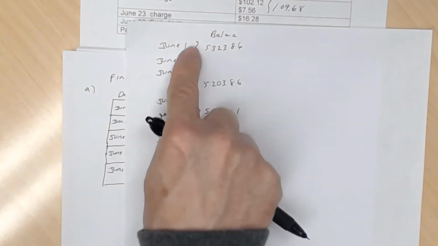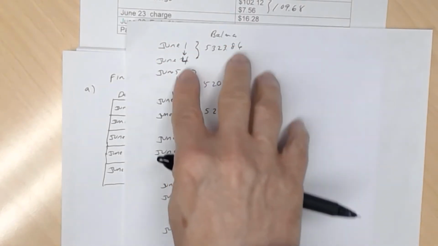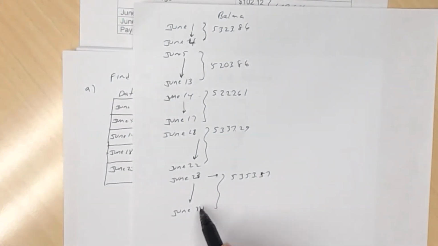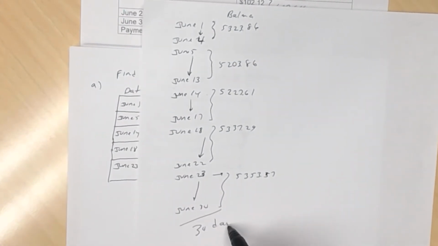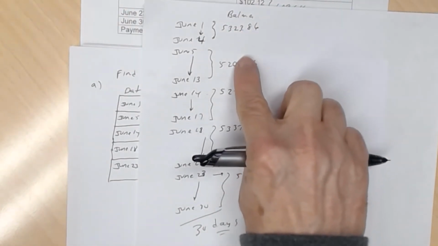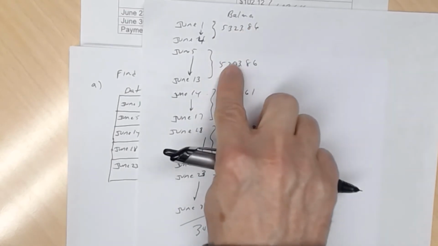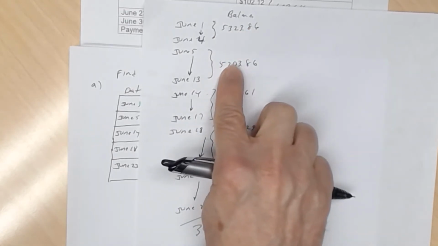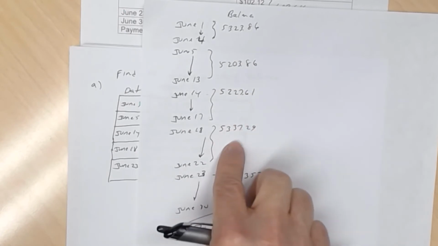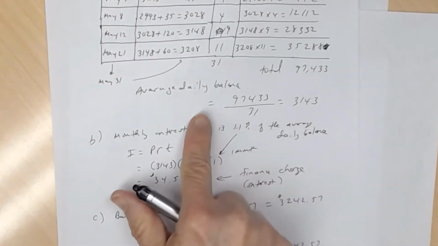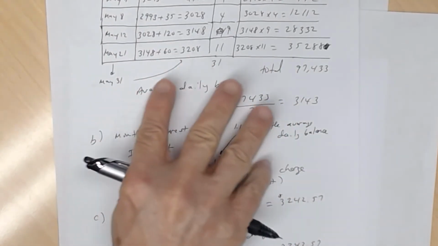Well, first of all, I got to find the total, and divide by the number of days, and there are 30 days in June. So I got to add up each day, this plus this plus this 3 times, this plus this, however many times that is, and so on. Okay, and divide by 30. That was what we discussed here, this idea here, except this was May.